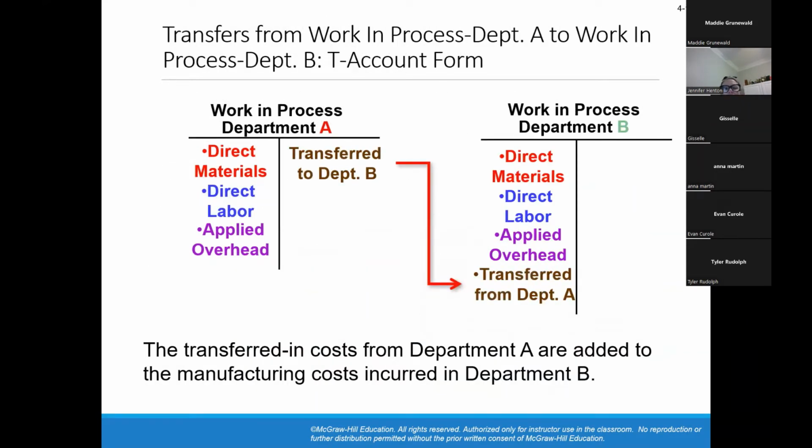All right, so in Department A, maybe we bring in some materials and labor, and there's some things that have to happen in Department A before it can go to Department B. So let's think about an assembly line for car manufacturing, and maybe they have a department for the doors.